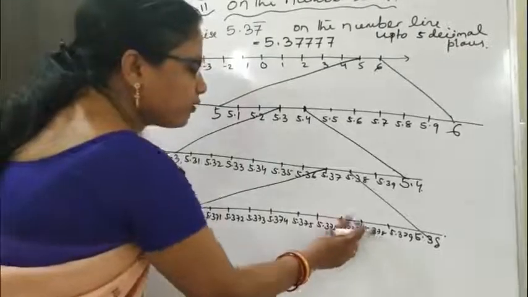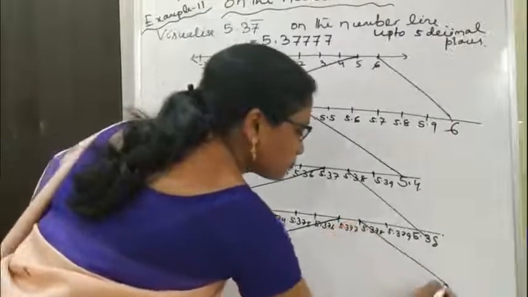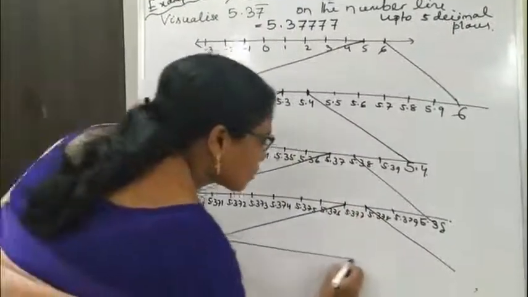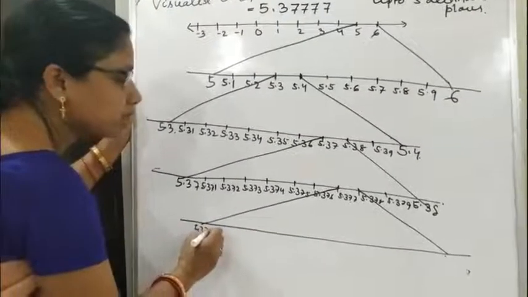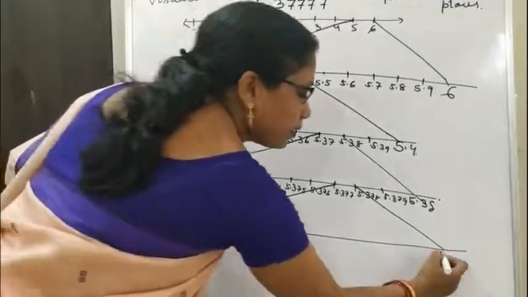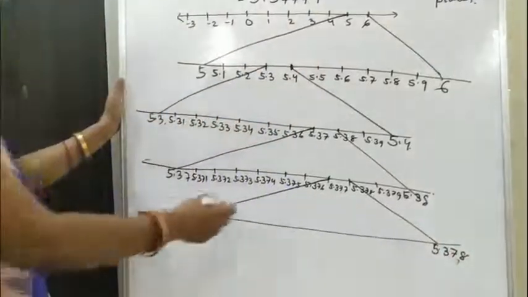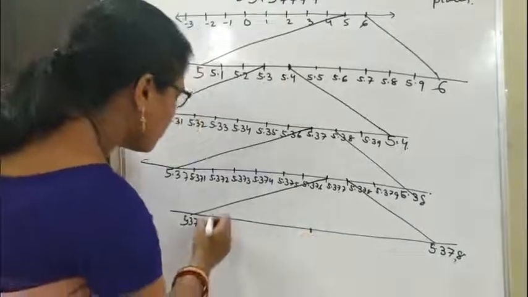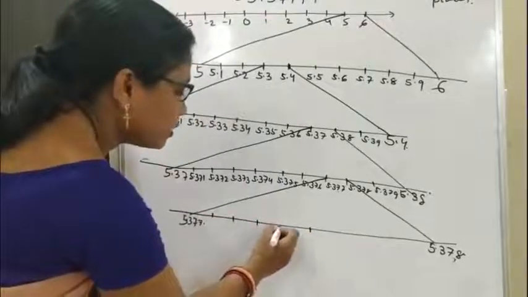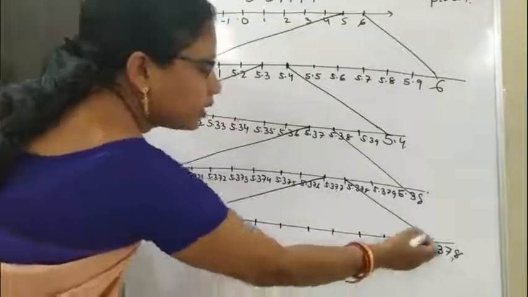Again we have to magnify this portion like this. So this is the magnified portion between 5.377 and 5.378. Again we have to divide it into 10 parts. So this is 1, 2, 3, 4, 5, 6, 7, 8, 9 and 10.